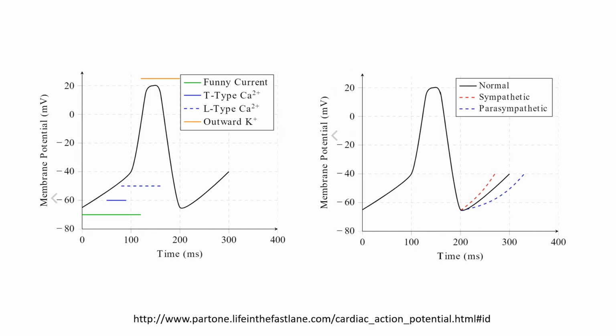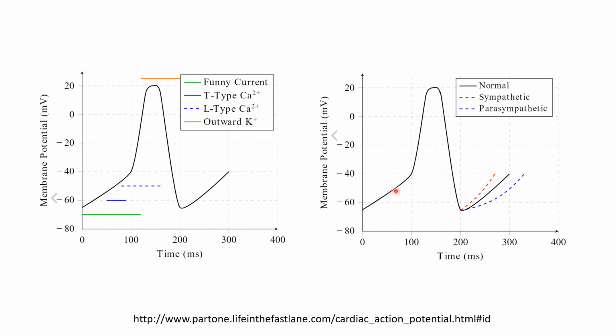This just kind of puts it all together in a different way. Here we have the different types of channels that are opening and closing. For our pacemaker potential, we've got our HCN channels, and then our transient calcium channels. We've got the long-term or L-type calcium channels doing our depolarization, and then our potassium channels doing repolarization.